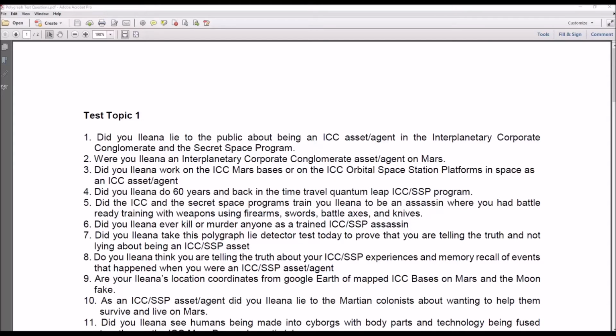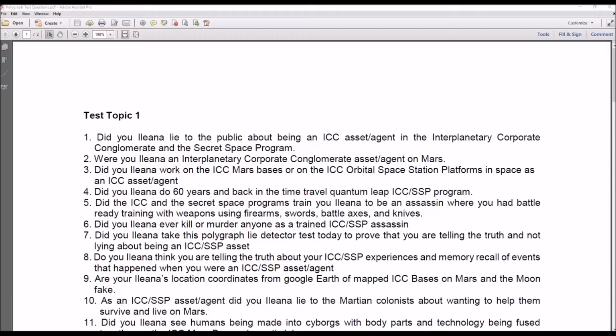Because if you're doing a polygraph test for answering SSP, ICC, or even alien abduction questions and answers, the test has to be customized, made particularly for the subject taking the polygraph. So that takes time.